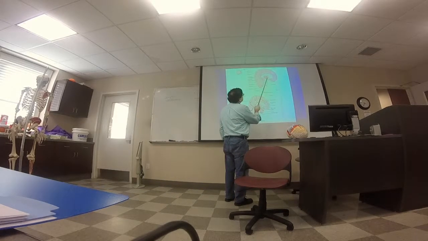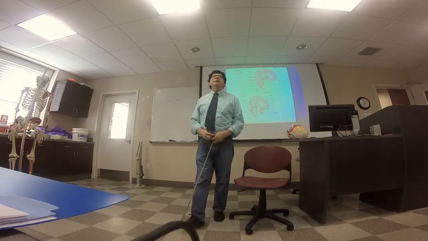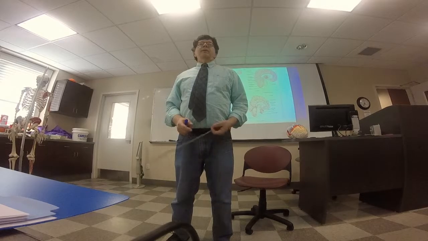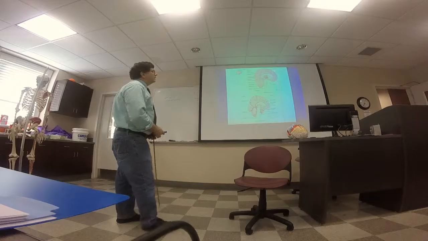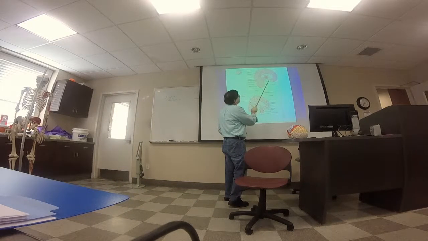Now, this area just inferior to the thalamus, we'll call that the hypothalamus. Hypo means under. So together, the thalamus and the hypothalamus contribute to the diencephalon. Now, what you should notice is that hanging from the hypothalamus is the pituitary gland.